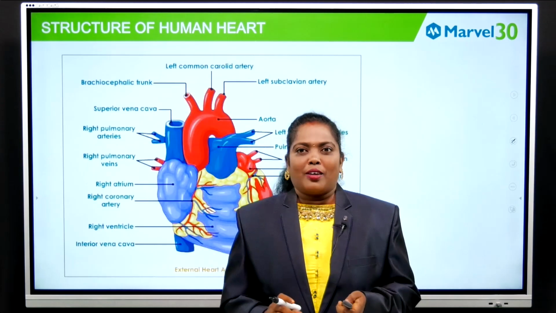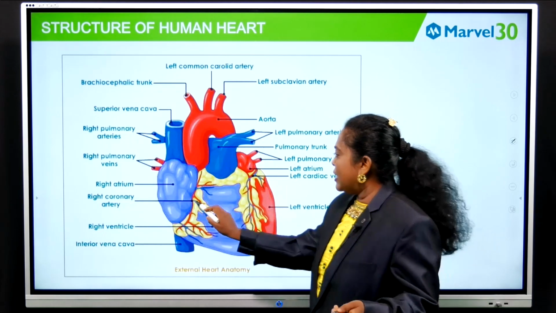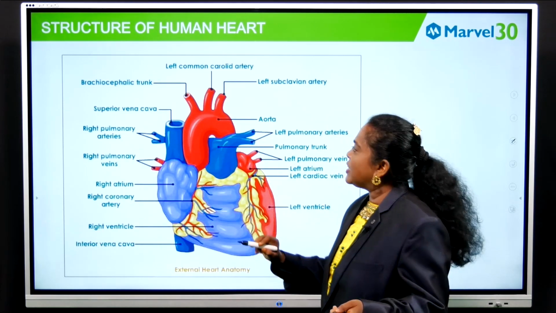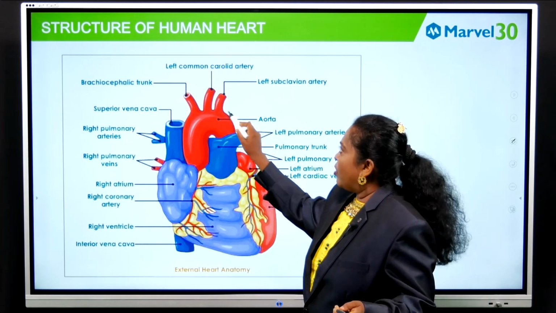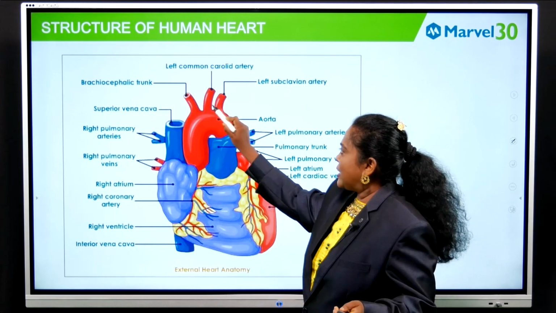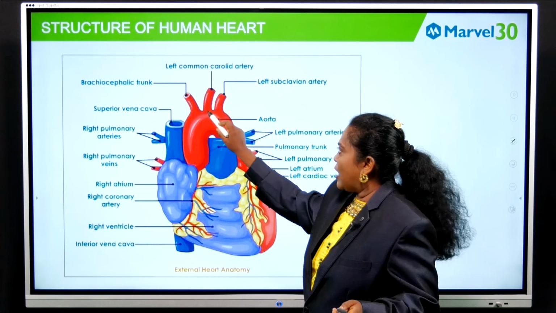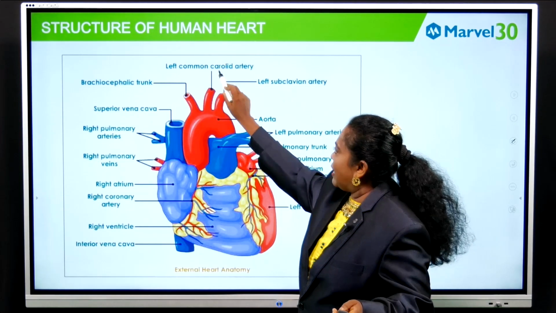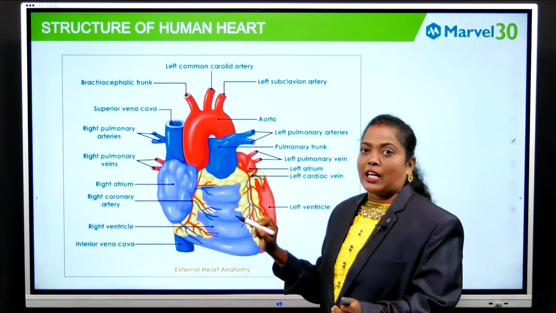Okay, so you can see here I have told you about the coronary artery. Can you see the coronary artery and the coronary veins? So this is the aorta, and you can see the branches of the aorta. These branches are again supplying the blood. Here you can see the left common carotid, and here the left subclavian artery.